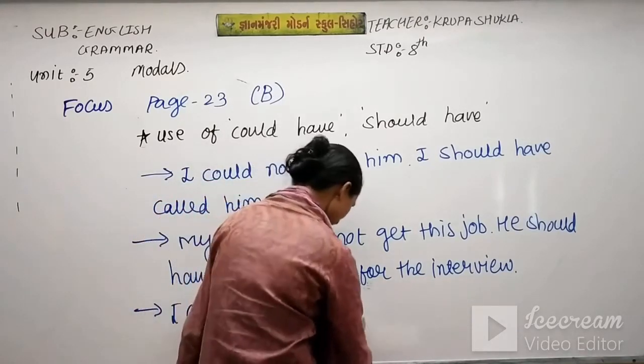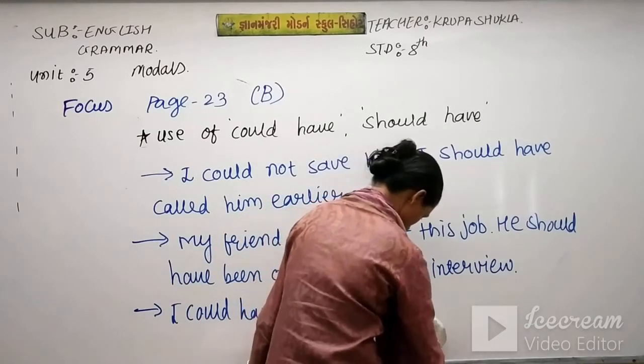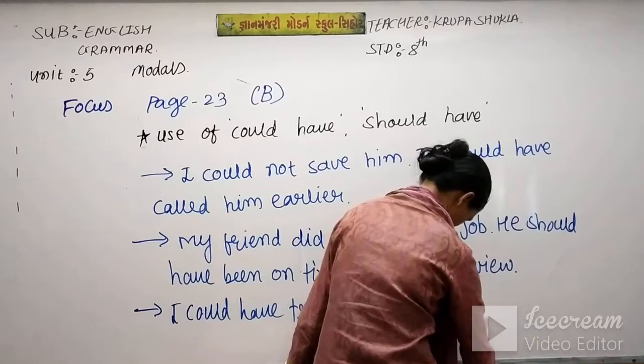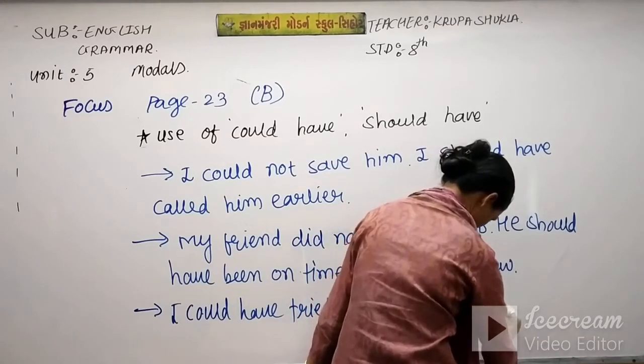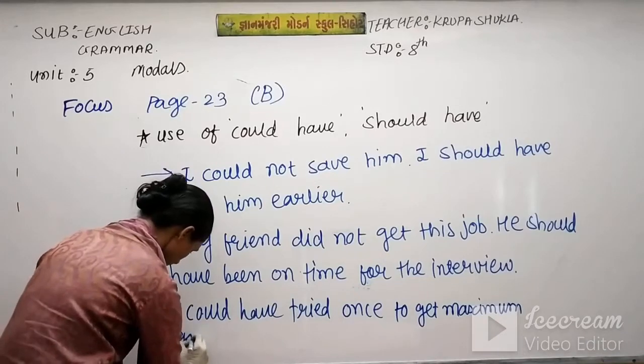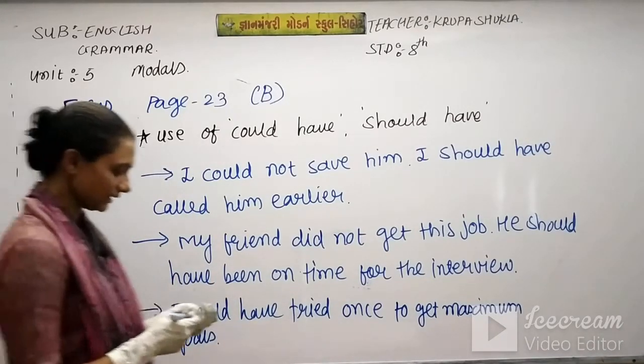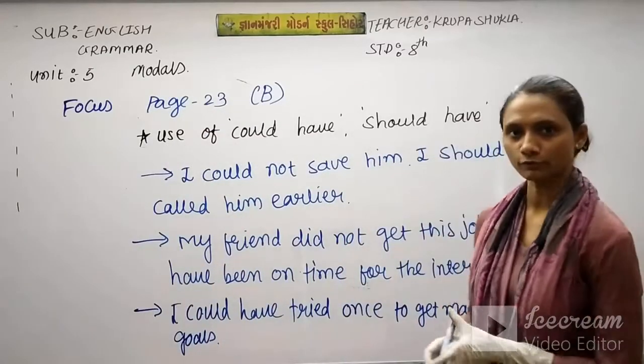I could have tried once to get maximum goals. See, these three are the examples of could have, should have.